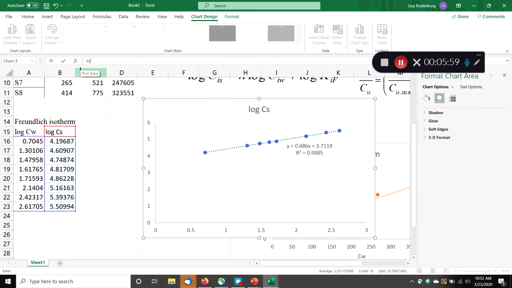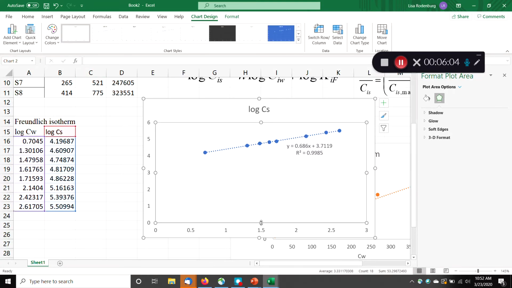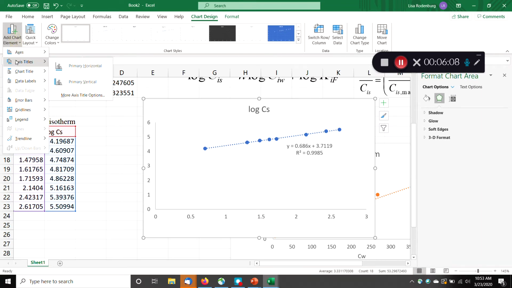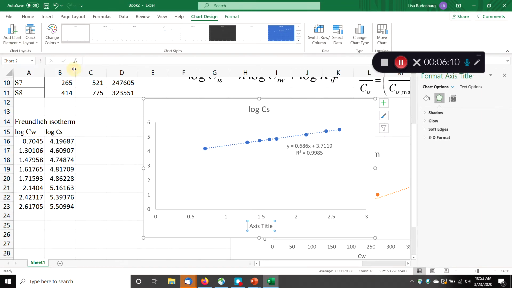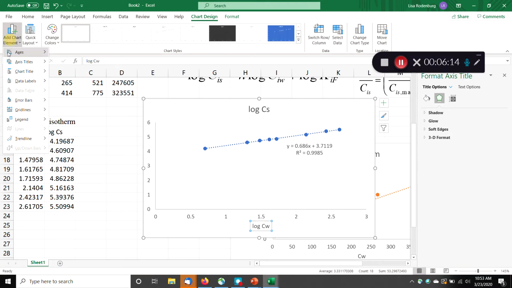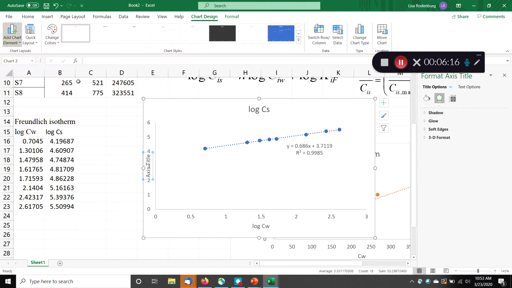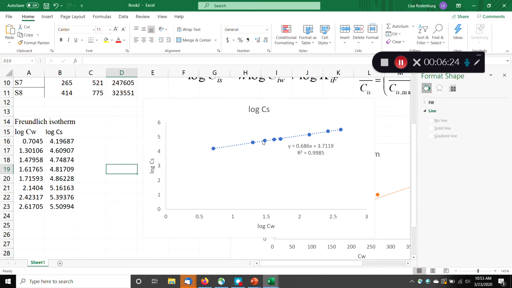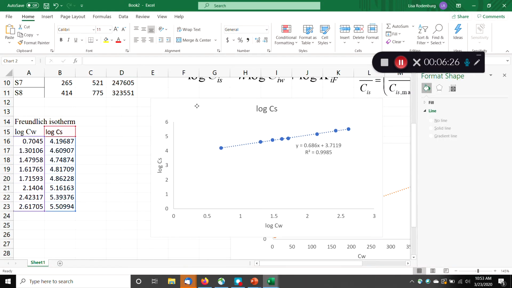So that is log CW. Add vertical axis label, log CS. Perfection. I'm pretty happy with that.